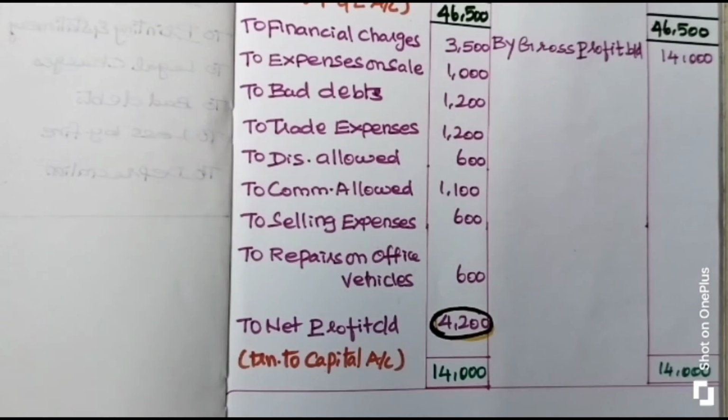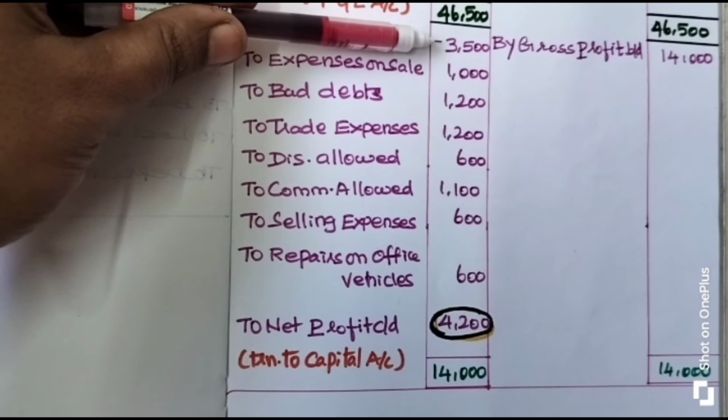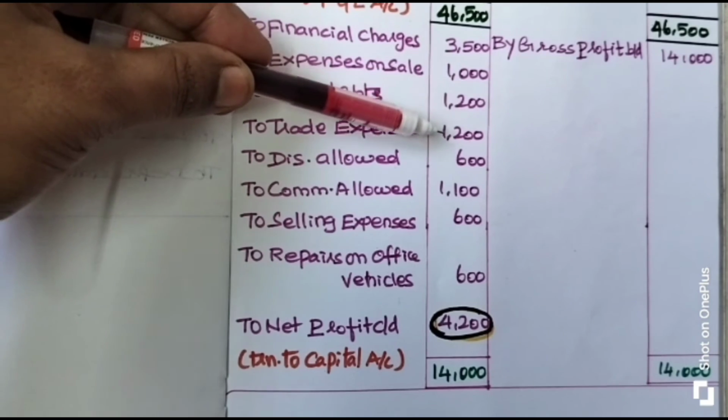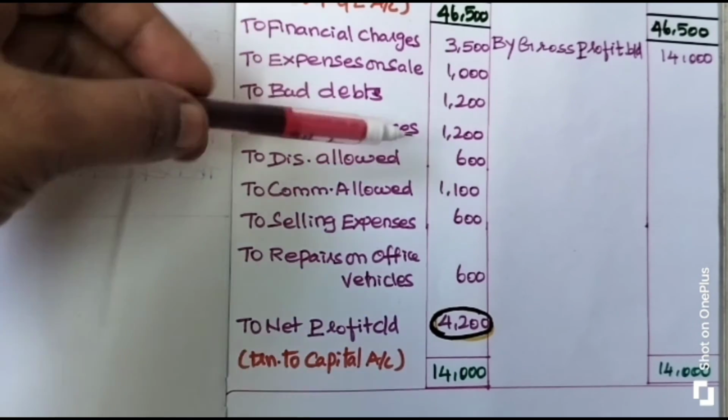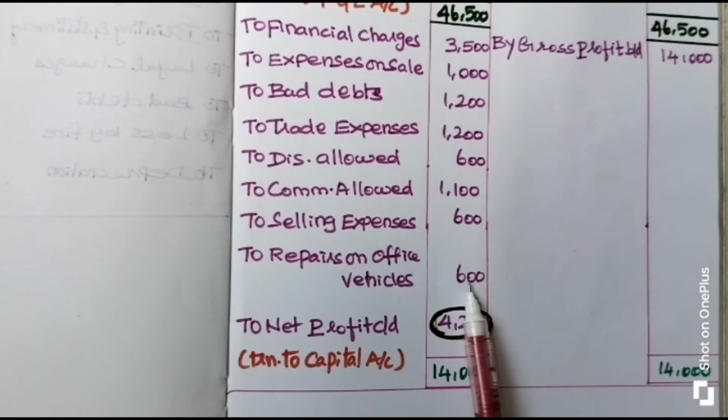How much rupees? We have to add all the amounts on the debit side: 3,500 plus 1,000 plus 1,200 plus 1,200 plus 600 plus 1,100 plus 600 plus 600. We will get 9,800. From 14,000 you have to subtract 9,800. You will get 4,200. So this is the net profit.